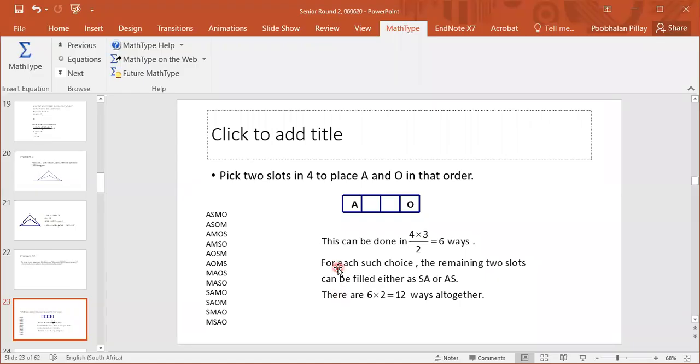The way to argue it out logically is to say, okay, I need to put A and O into 4 boxes. These are the boxes now. Each box has room for one object.